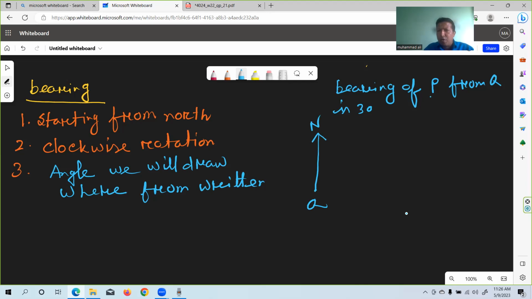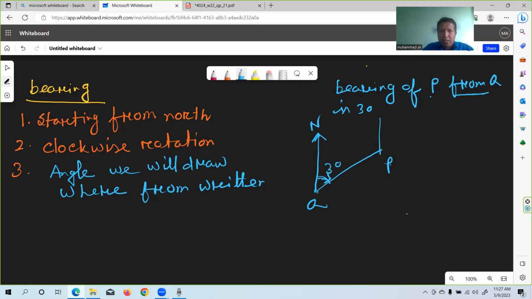We have to take the angle at the point of Q, 30 degrees. This is P. We start from north with clockwise rotation, and draw the angle at where from is written. It's written bearing of P from Q is 30 degrees, so we take this angle at the point of Q.